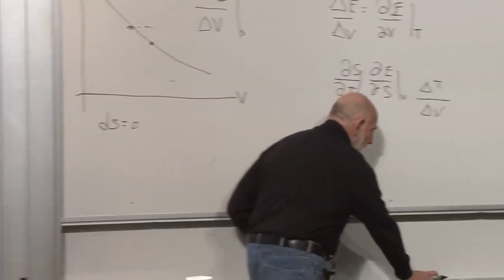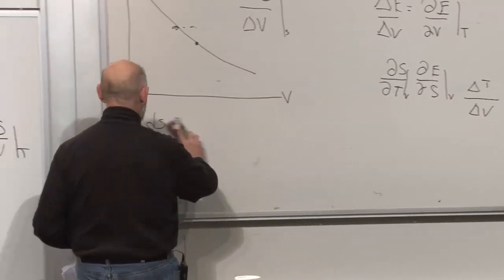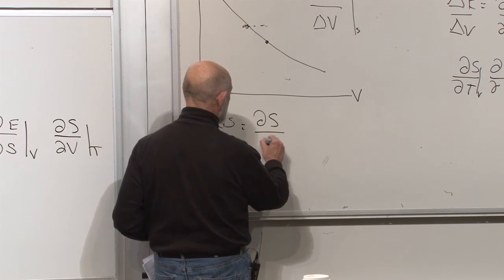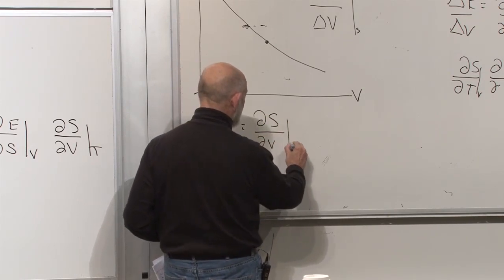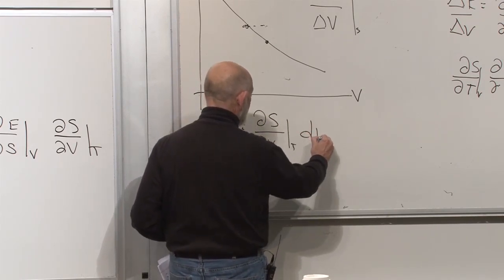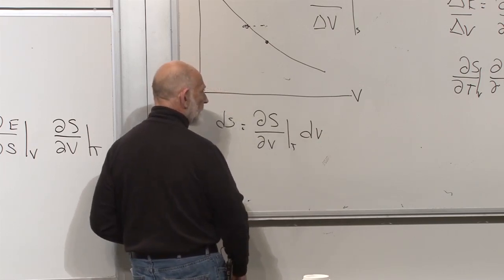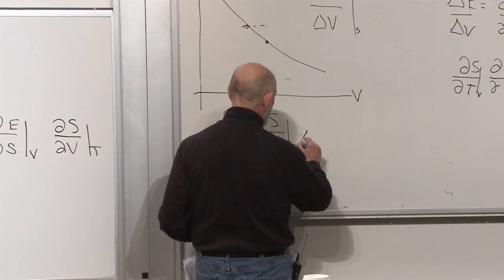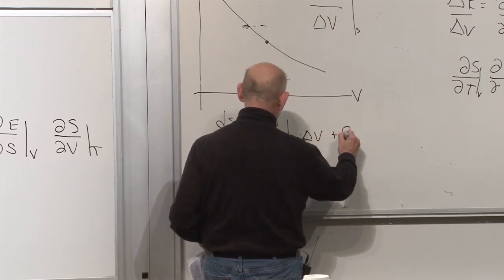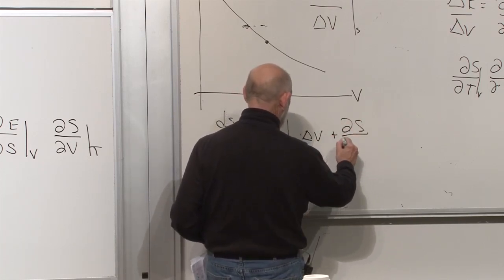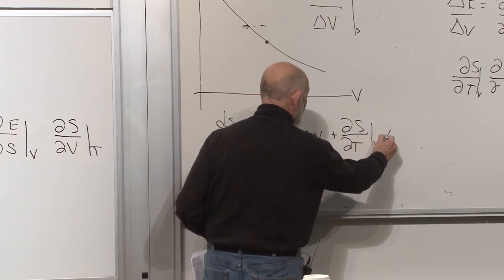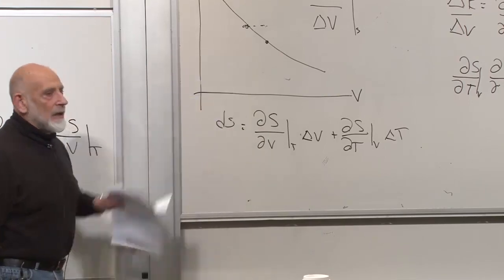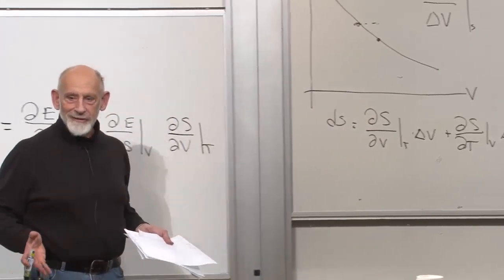And now, all we have to do is write that dS is the partial of S with respect to volume at fixed T times delta volume, plus the partial of S with respect to T at fixed volume times delta T. But along this line, dS is equal to 0.